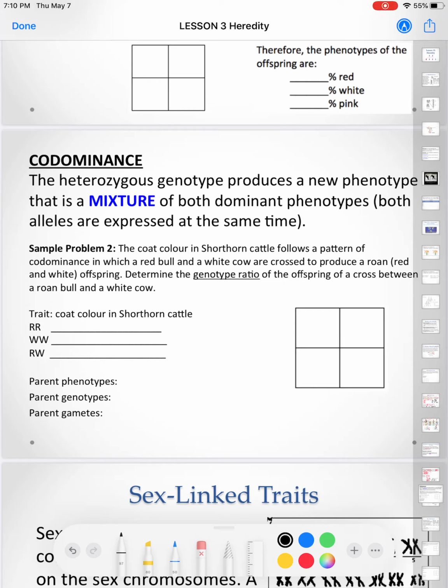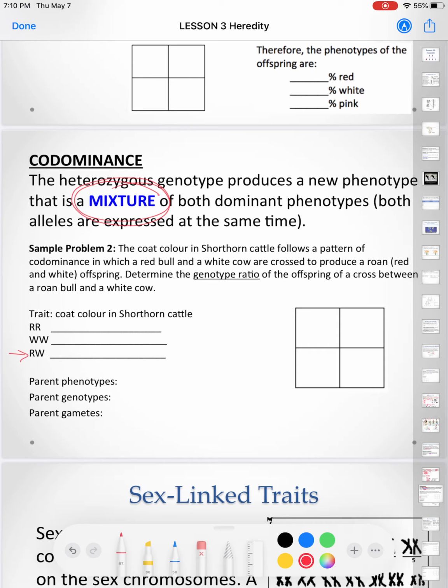So instead of having that third phenotype down here being a blend, instead it's going to be a mixture of the 2. So both of the first and the second phenotypes will show up equally in that heterozygous individual. So this would be like a rose that was pink and red on it. Not pink and red, but red and white on it. Okay, so let's see how this plays out in shorthorn cattle.